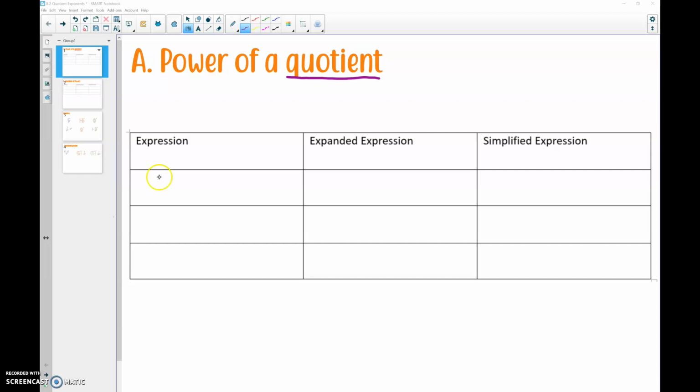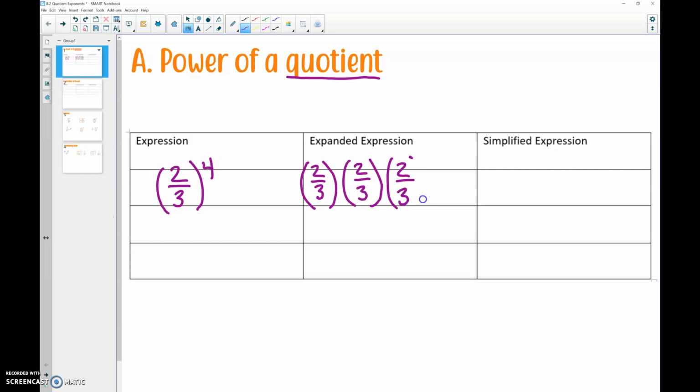Our first example we're going to work through is 2/3 to the power of 4. The expanded version of that is the same thing as 2/3 times 2/3 times 2/3 times 2/3, 4 times, okay?